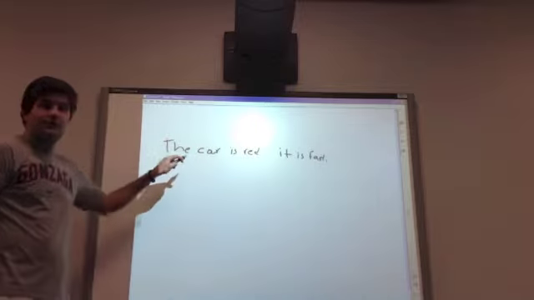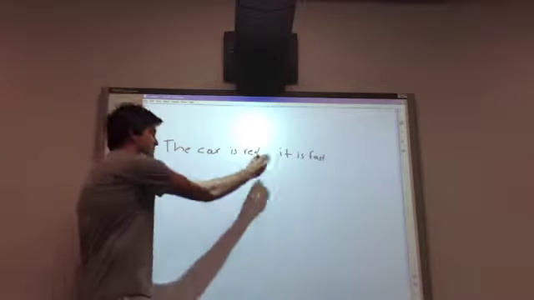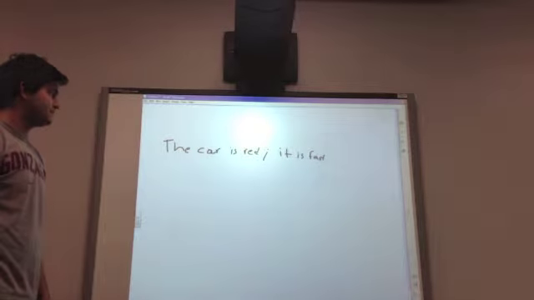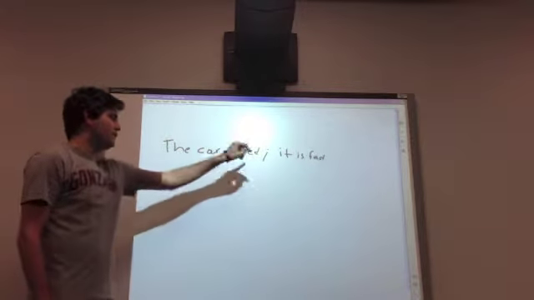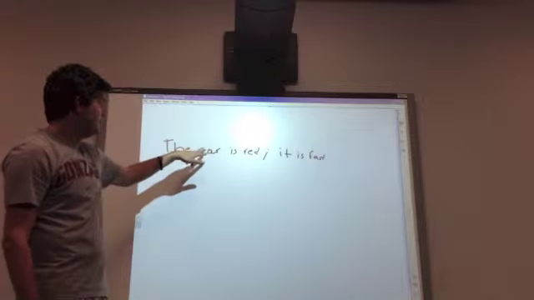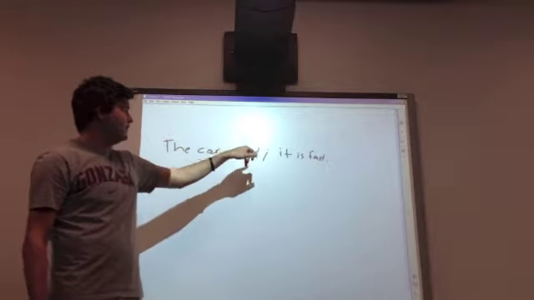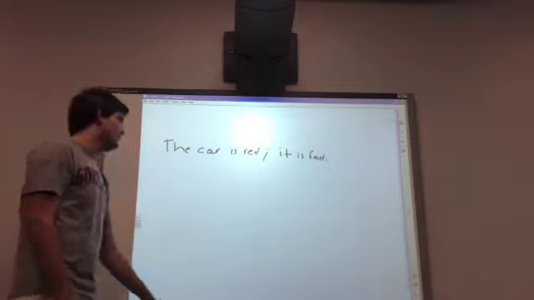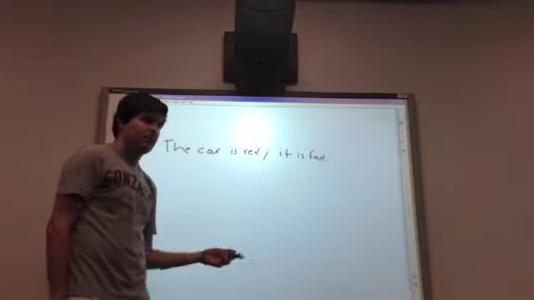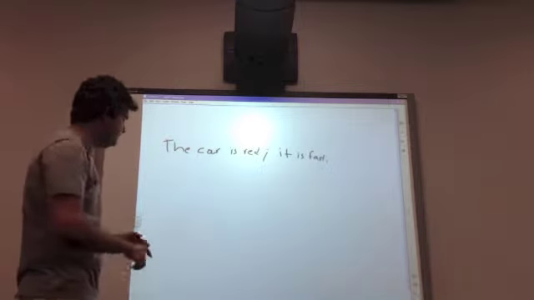And the first way that it can be turned into a compound sentence is just by simply placing a semicolon in between. Okay. But the only way you're going to use the semicolon there is if it's two complete sentences, meaning subject, verb. Car is red. It is fast.